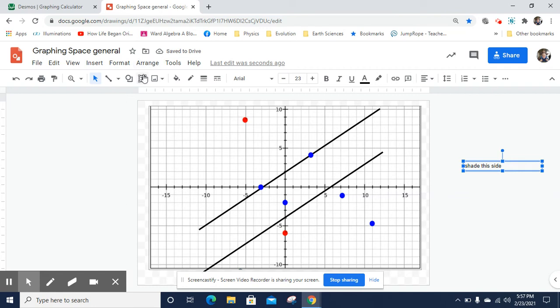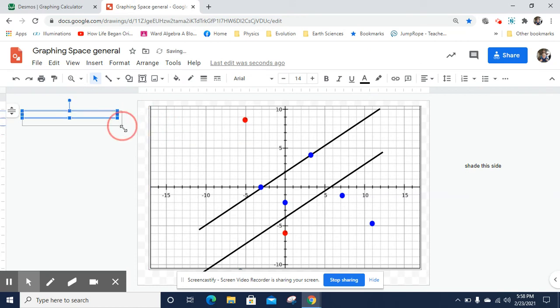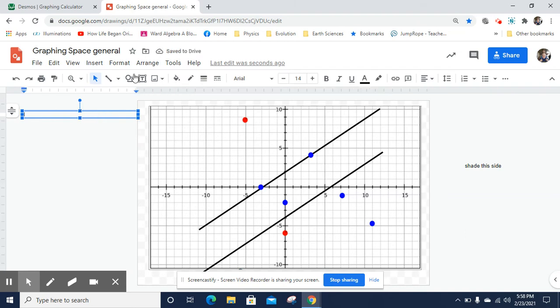But I'm going to create a couple of equations right here. We'll have a couple of very simple equations that you could probably guess and check on. I think I need to make that point size a bit bigger.